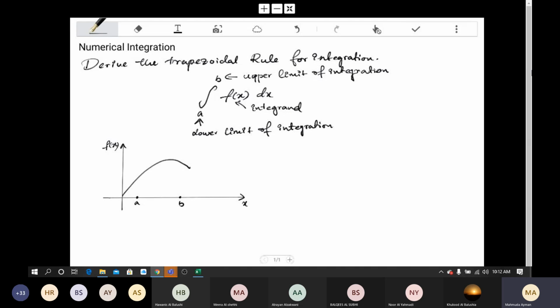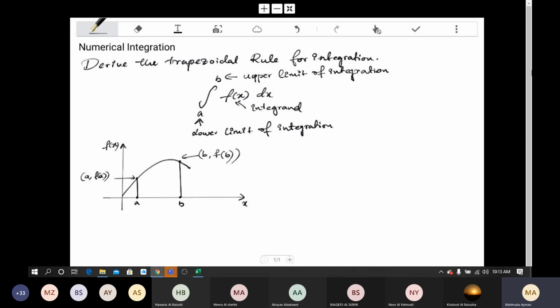So what we do is we see their values on the function. We can draw the line here. And here we have our function values: the coordinate here is a comma f(a), and here it is b comma f(b).